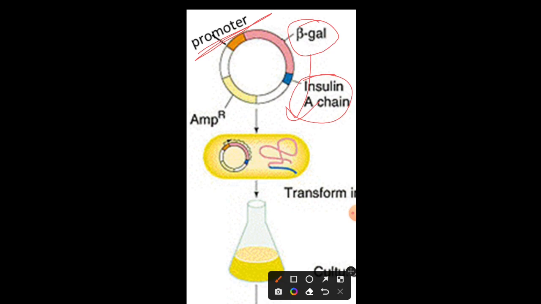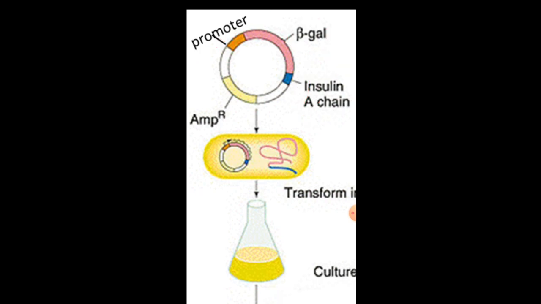This beta gal will be incorporated along with the insulin A chain, leading to the formation of a fusion protein, a complex of beta gal and insulin A chain, so that beta gal will help us separate our insulin A protein and insulin B protein with the help of affinity chromatography. That is why we have to incorporate beta gal just beside the insulin A chain.